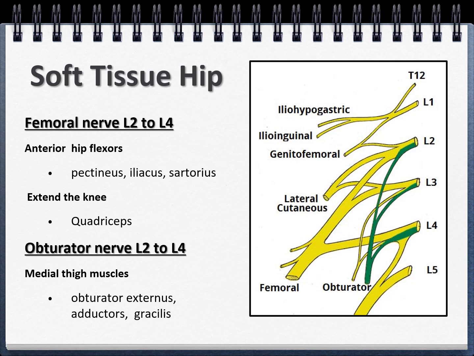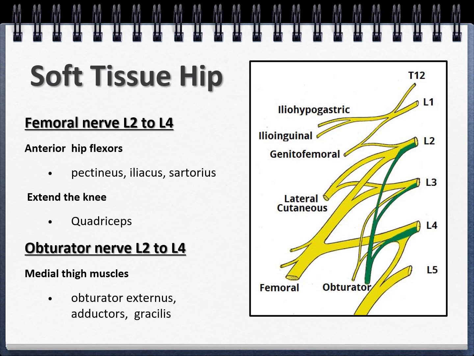The obturator nerve comes from L2 to L4 as well, and this stimulates the action of the medial thigh muscles. So obturator externus, the adductors, and the gracilis.